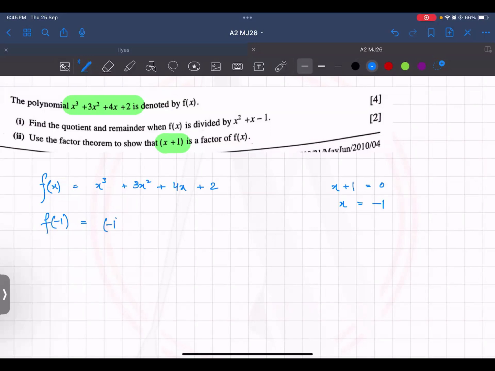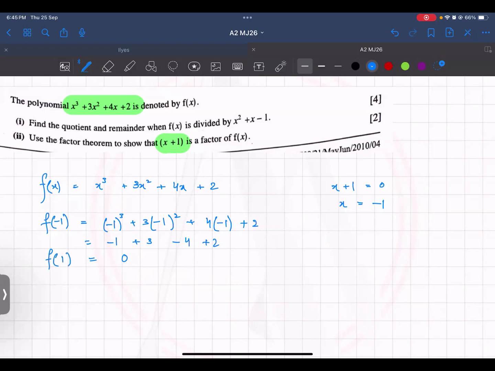Now input the value of minus 1, the value from the divisor, into the function, and use your calculator. See what you get. You would get minus 1, plus 3, minus 4, and plus 2. So how much would this be? 0. Minus 5 plus 5, so 0.